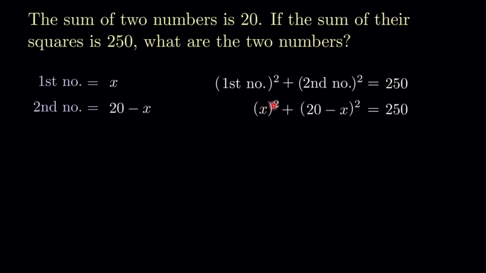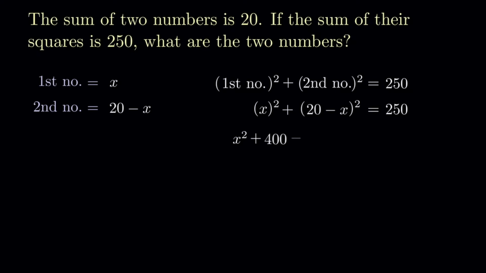So, x squared plus, for this one, we will square the binomial 20 minus x. So, how do we square a binomial? First, square the first term. So, 20 squared or 20 times 20, that is 400.